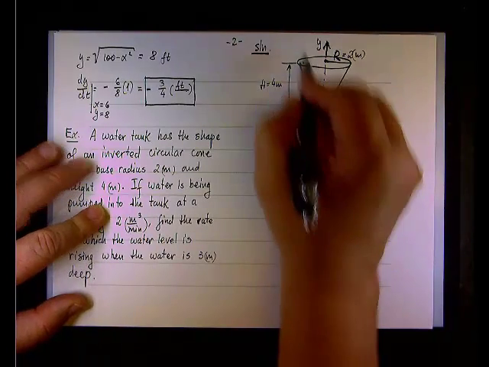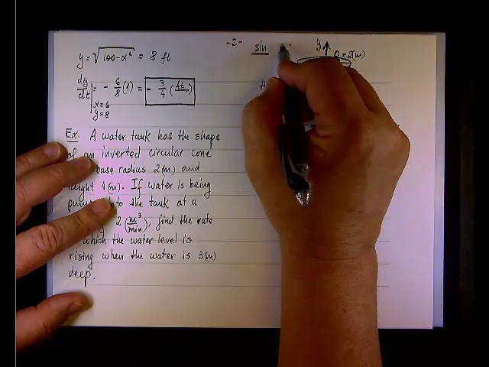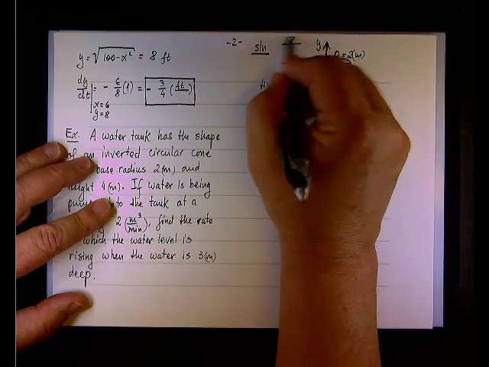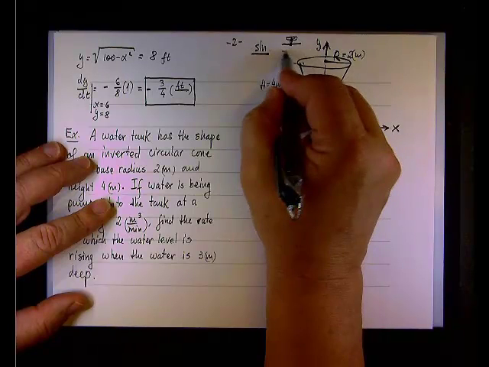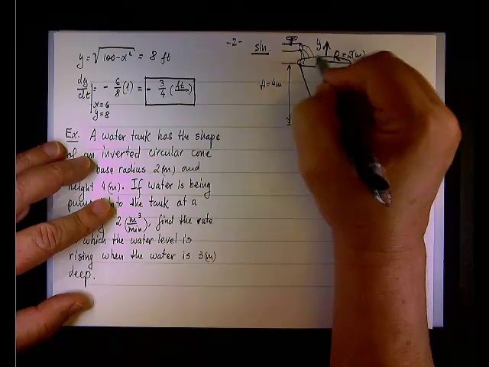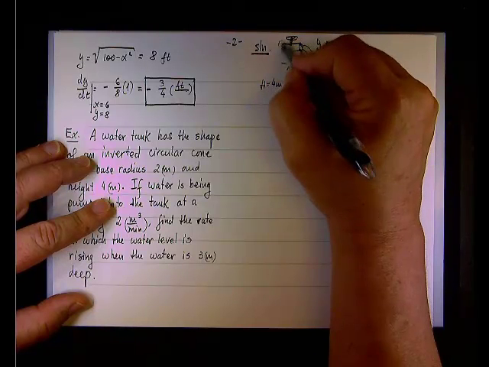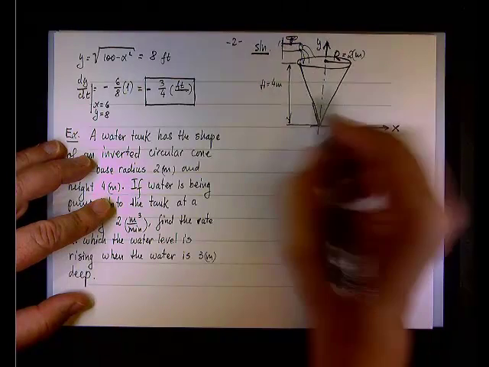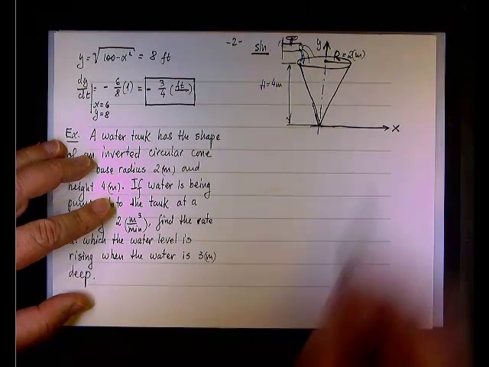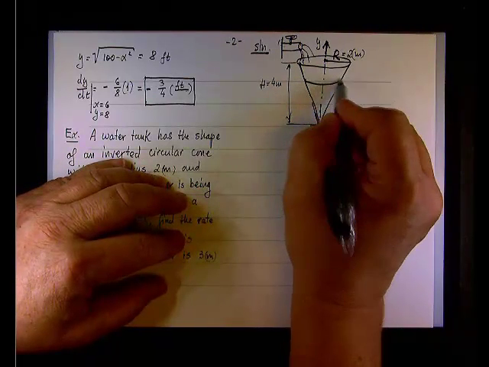And what happens is there is some water coming in, so let's say you have some kind of a valve here, right? And the water is pouring into the tank, like so. And the water level is rising.